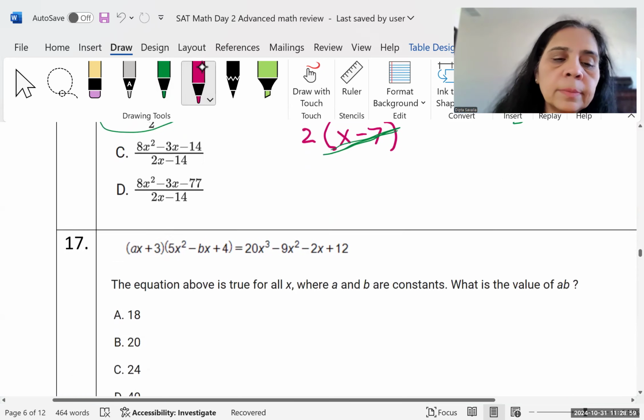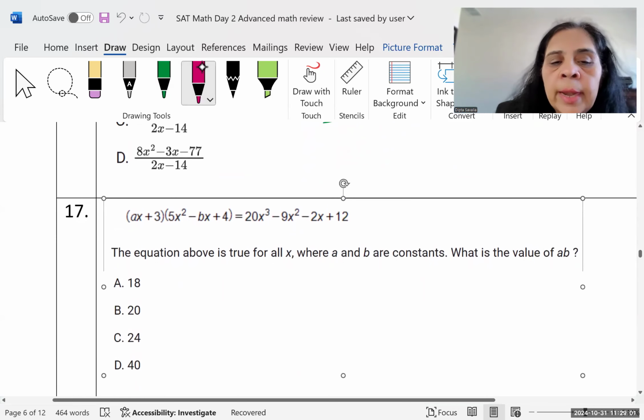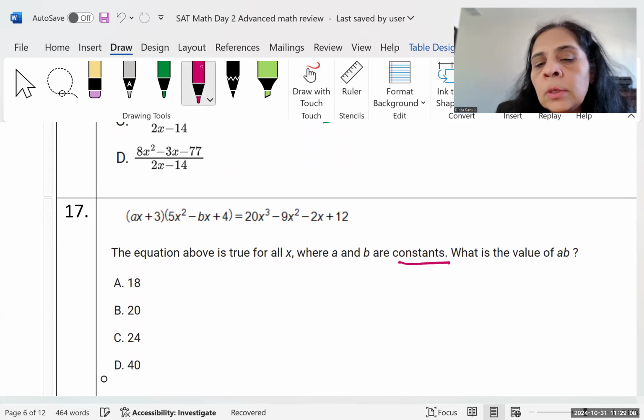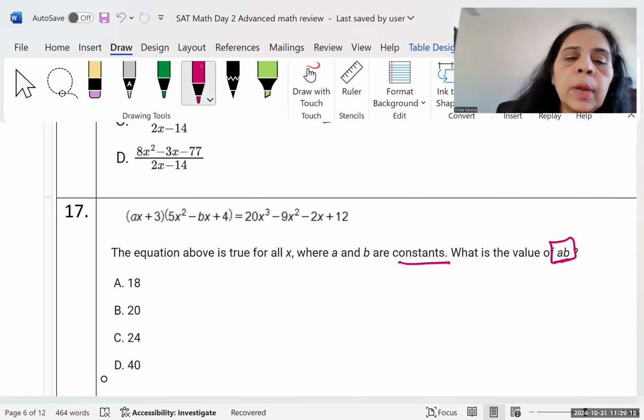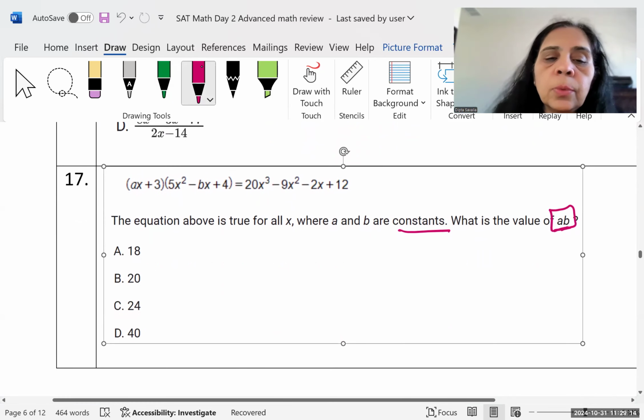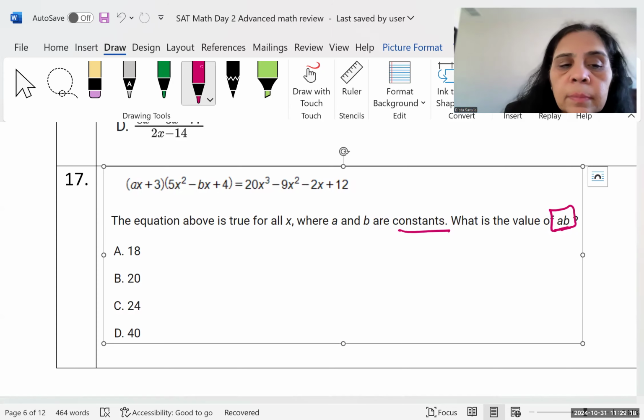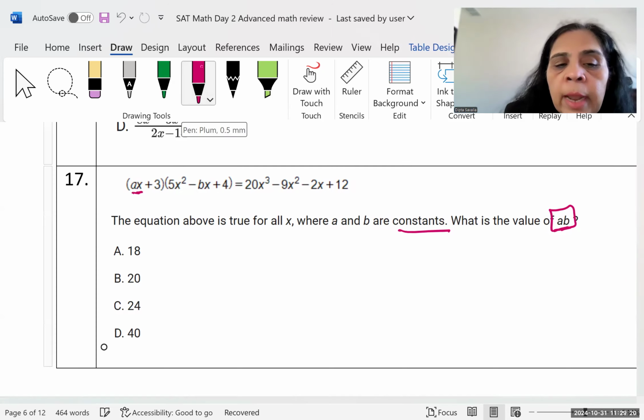And that's it. All right, next one. The equation above is true for all x where a and b are constants. What is the value of ab? All right, so we have to find ab. If I find out ab, where will we get ab?